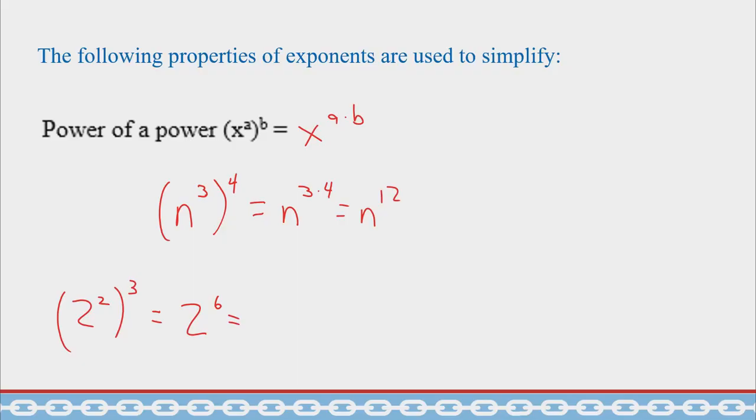And if I just kind of break that down, again, 2 squared to the third. Well, 2 squared is 4, and 4 to the third then is 64. If I did 2 to the third, that would be 8, and that doesn't work. So we multiply those exponents together.